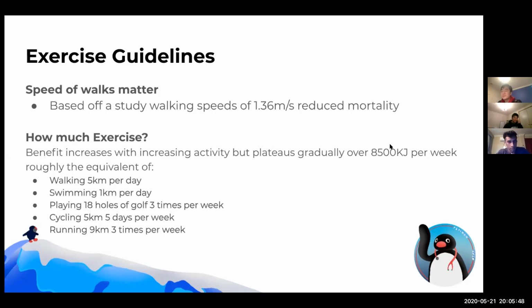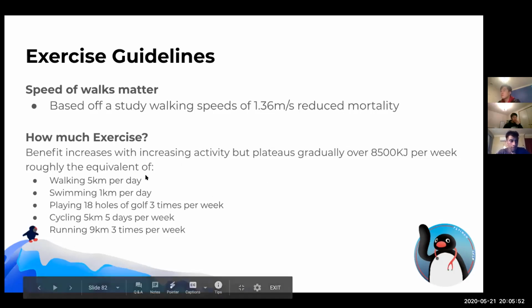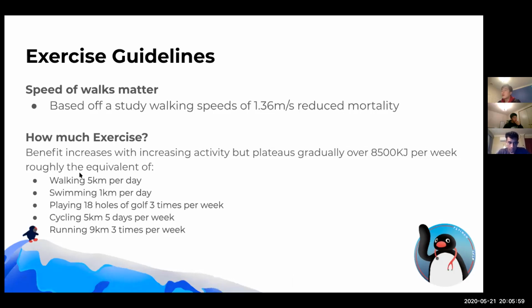You don't need to know all of these details, it's all in his slides, but it shows that if you exercise way too much, there's no additional benefit.